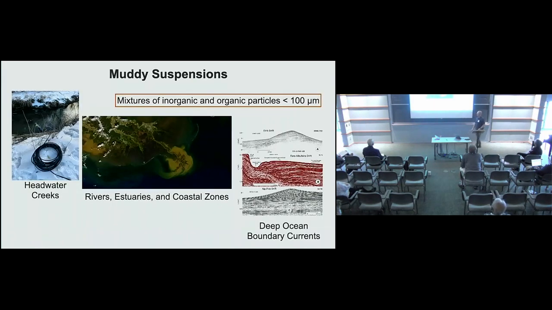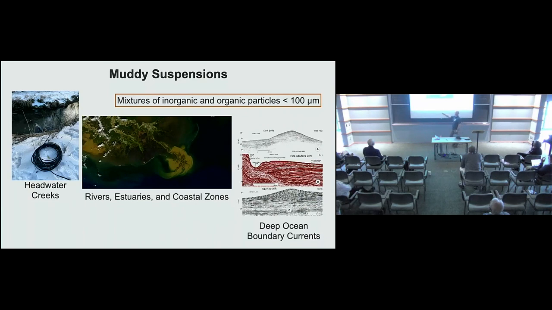Okay, so I'm going to be talking about muddy suspensions, and these are very dilute suspensions. I'm interested in the movement of mud, how mud is transported in a turbulent flow, how it deposits to a bed, how it erodes. I'm interested in these all the way from headwater creeks out to estuarine and coastal zones, and part of our talk today will be on the Mississippi River.